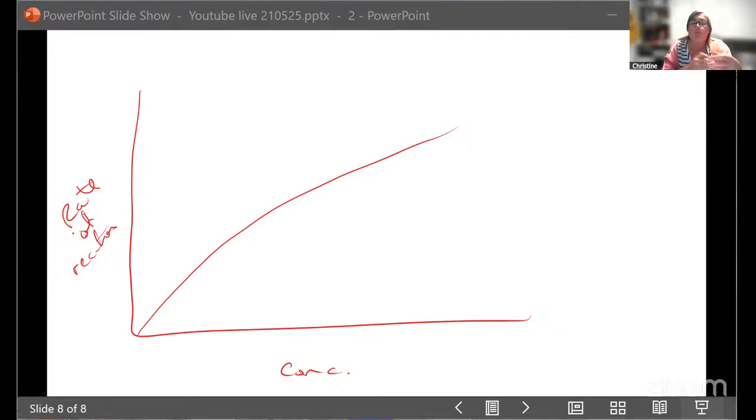So it is important that you are looking at whether it's a t-test statistical test or whether you're looking at a correlation coefficient.